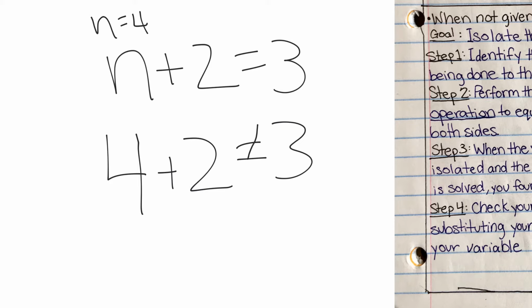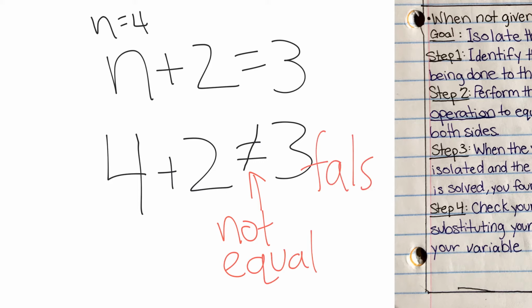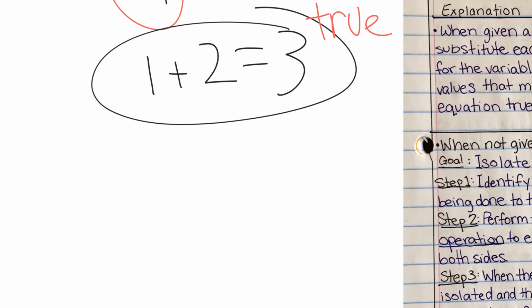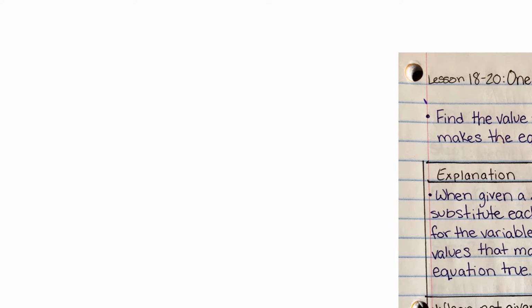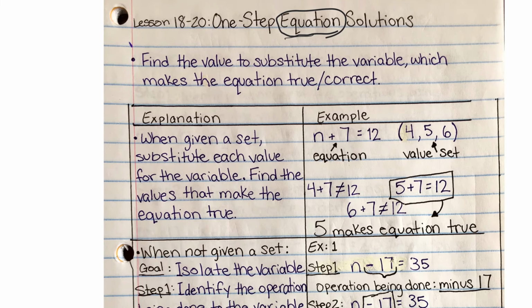So we draw this little slash through the equals, which means not equal to. So this statement is not true. It is actually false. Anyway, that's what I mean when I say find a value for the variable to make the equation true. We'll get rid of these things here and slide back over to our notes.